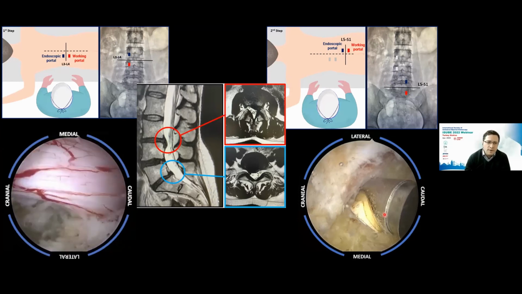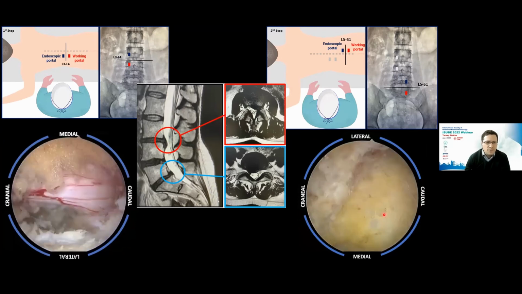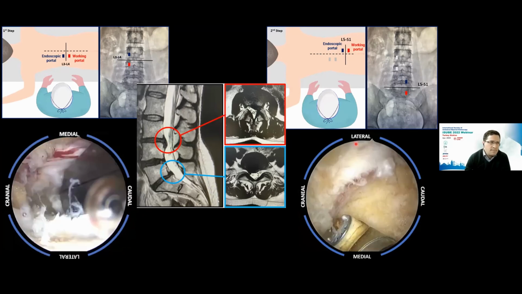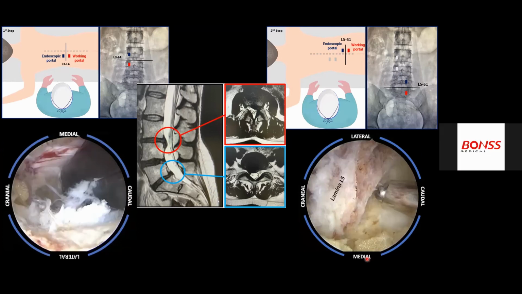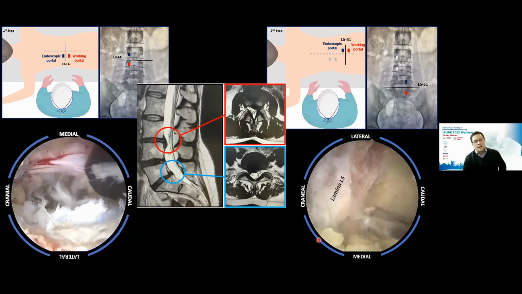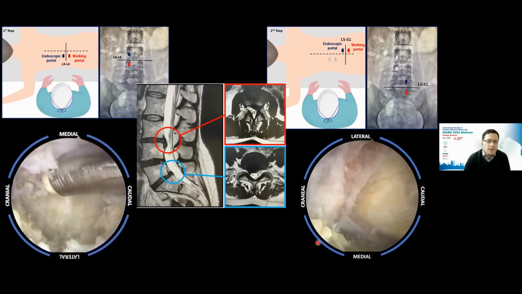So now the lateral part is in the superior part of the screen, the medial part is in the inferior part of the screen. So now we are on the right side, but the surgeon is on the left side.